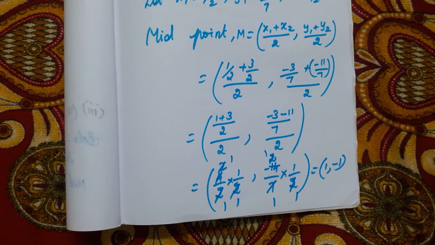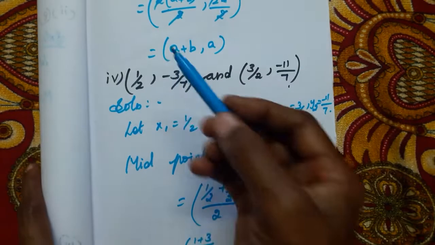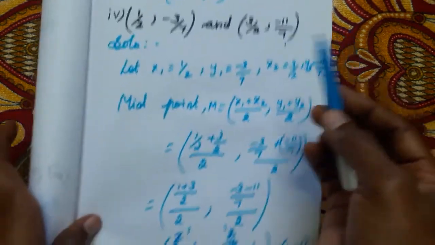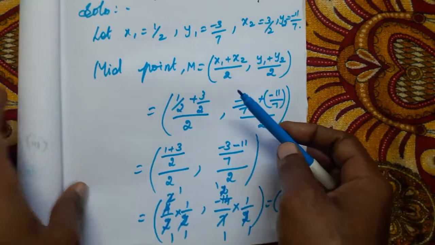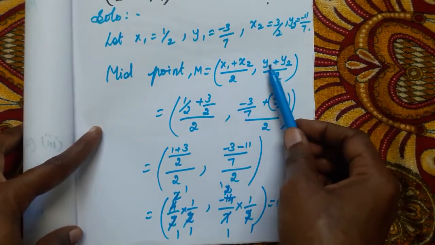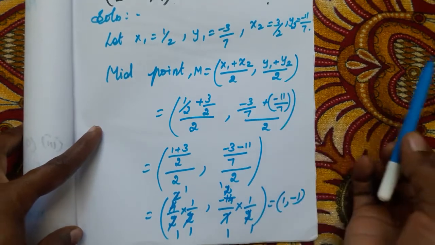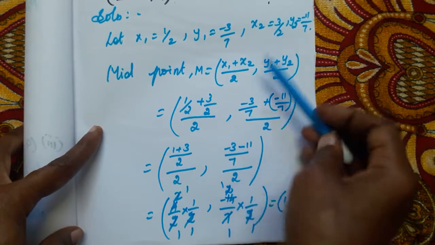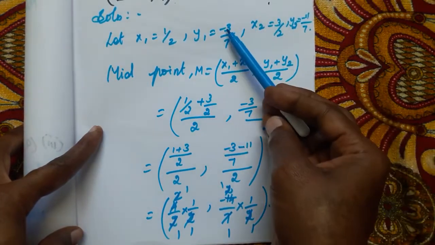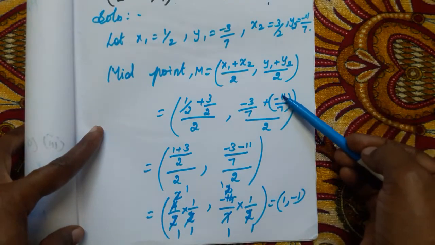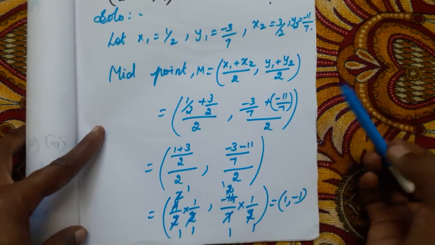Any doubt in here? Okay, clear? Any doubt? First (1/2, -3/7), this one x1, y1, x2, y2. Midpoint M is equal to ((x1 + x2)/2, (y1 + y2)/2). Next x1 in place 1/2 plus x2 in place 3/2, divided by 2. y1 in place -3/7 plus y2 in place -11/7, divided by 2.